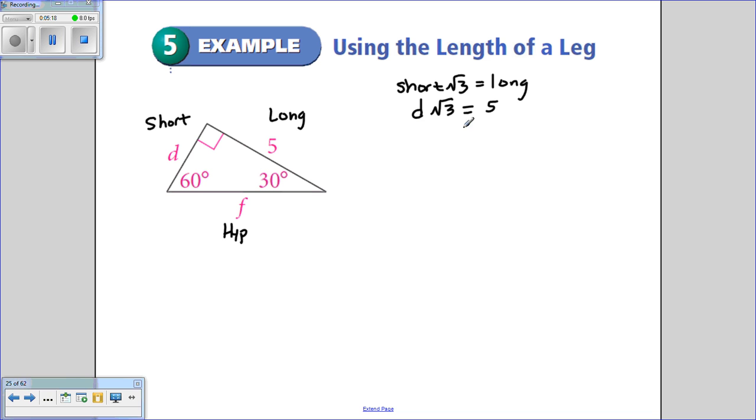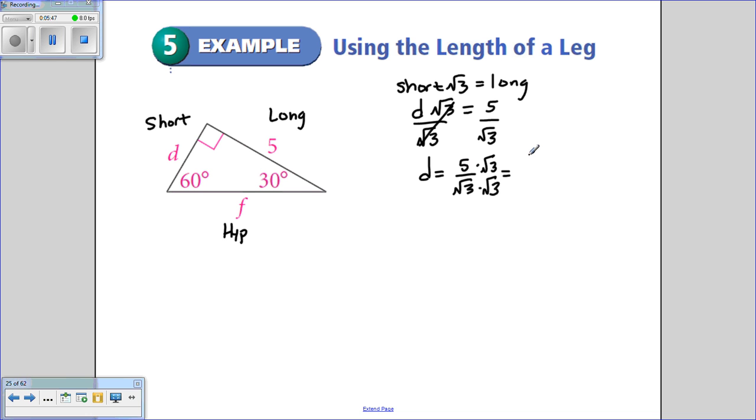Now I'm going to solve this equation. So I'm going to divide both sides by radical 3. Those cancel. So our short leg is 5 over radical 3. However, we cannot leave a radical on the bottom. So we're going to rationalize our denominator. I'm going to multiply the top and bottom by radical 3.